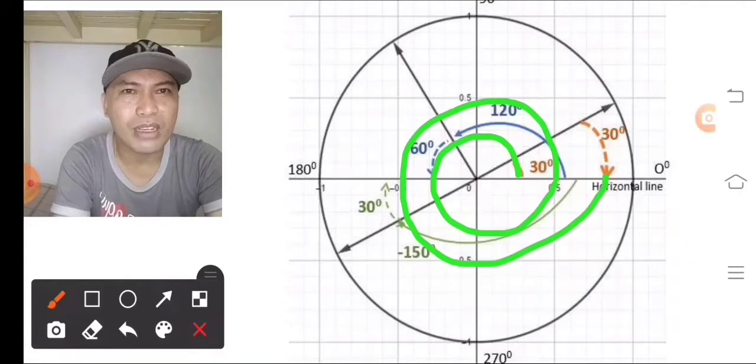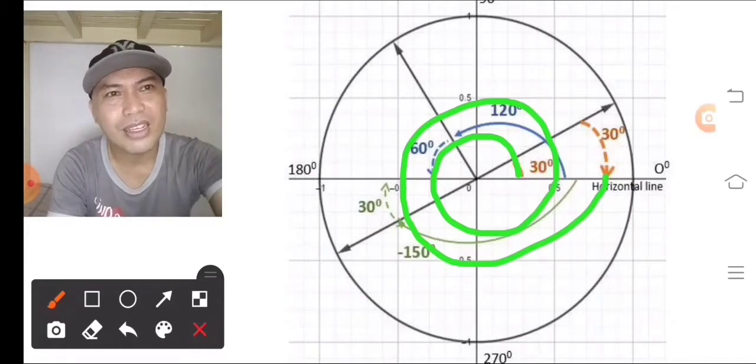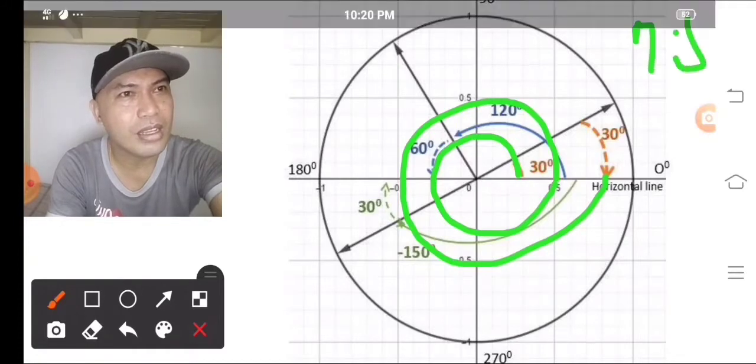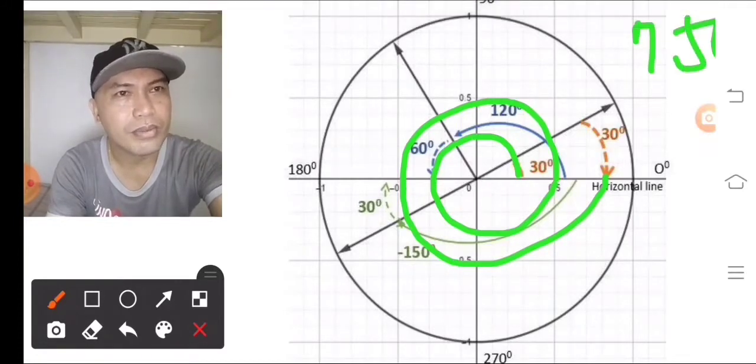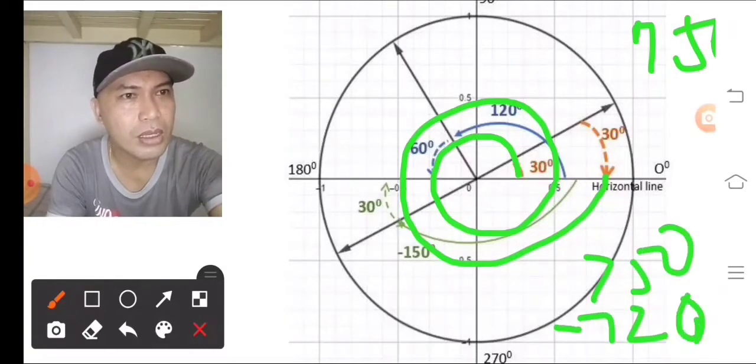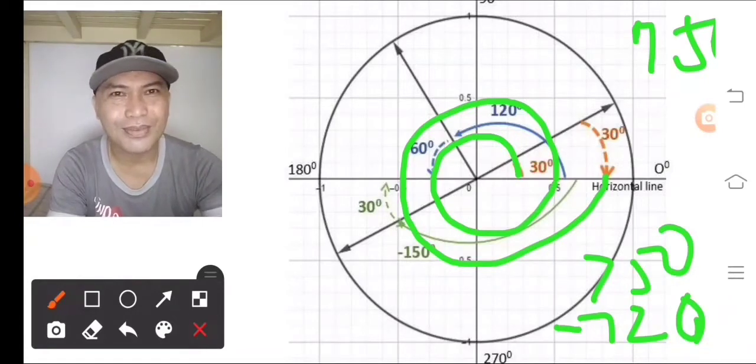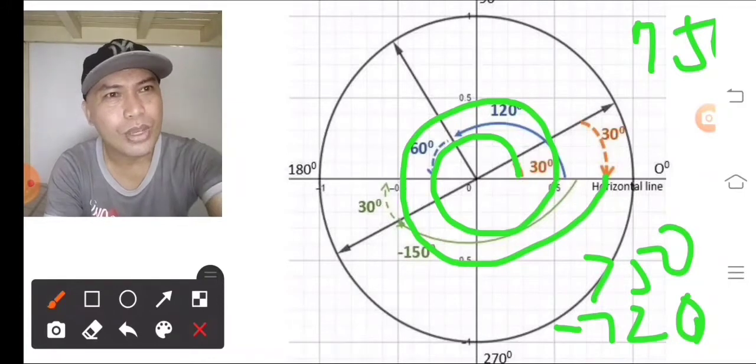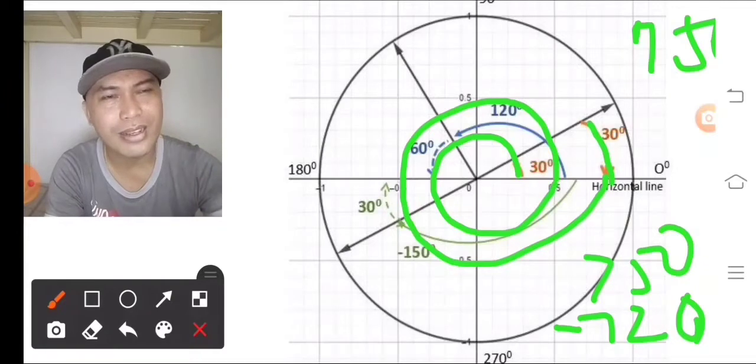So what is now the reference angle for 750? 750 minus 720, that is 30 degrees. So we have to move 30 degrees more.